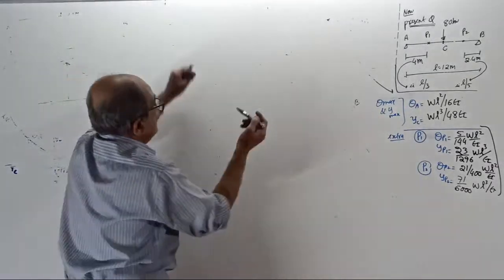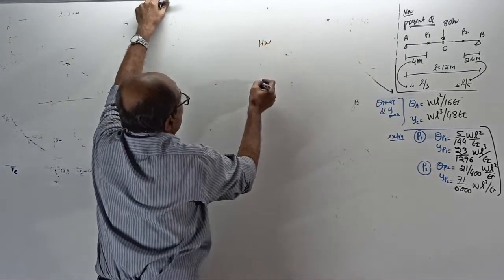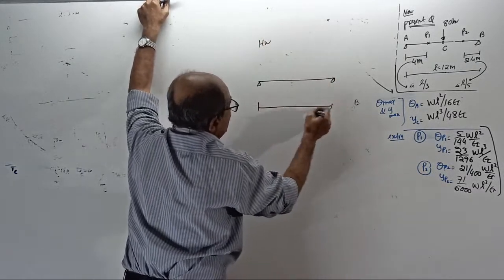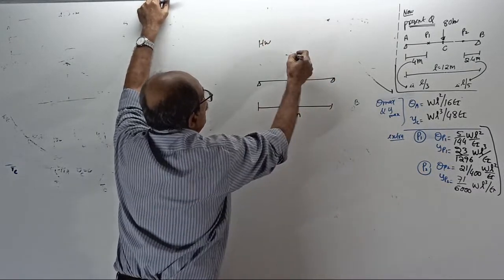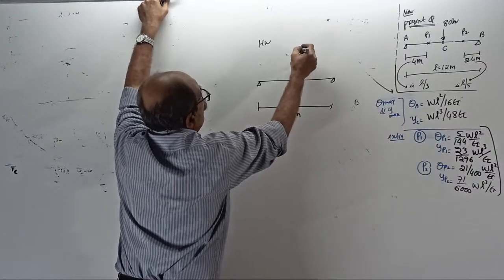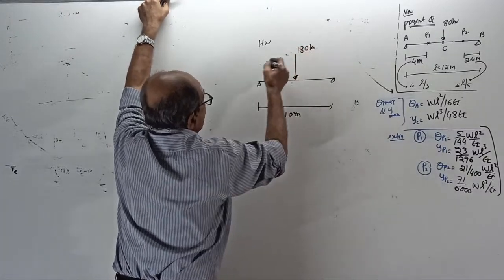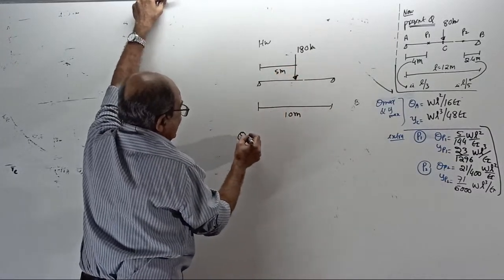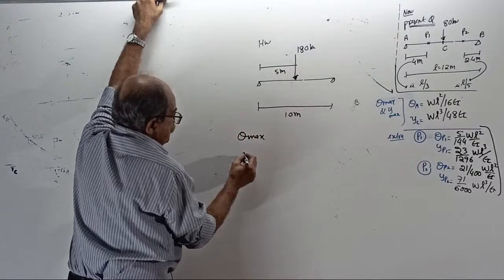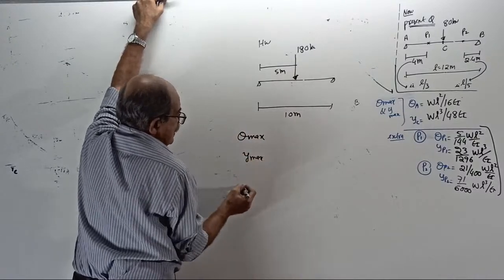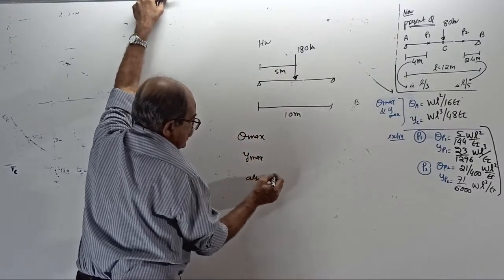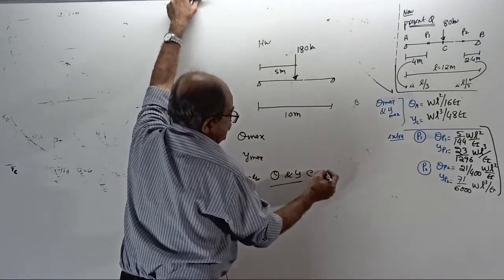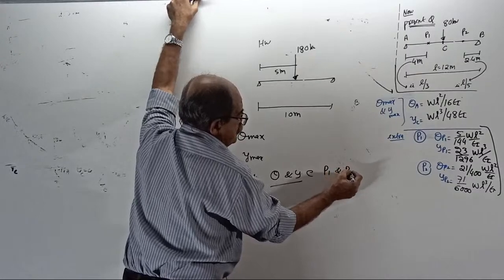Homework question. A simply supported beam of span 10 meter, loaded by a point load of 180 kilonewton at center, 5 meter. Find maximum slope, maximum deflection, and also find slope and deflection at 2 points P1 and P2.